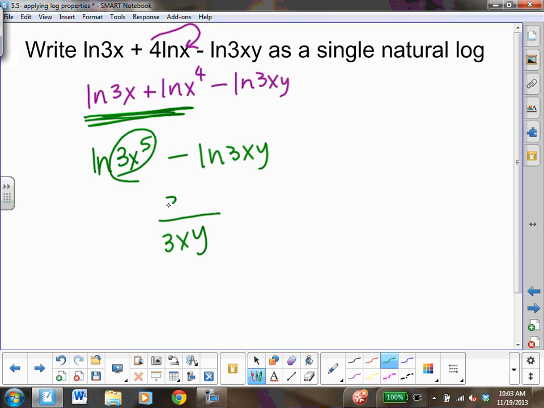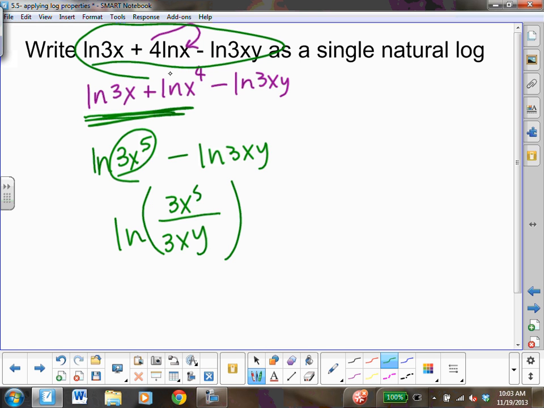And this would be in the numerator. So this would be the condensed version of the expanded form. And I could simplify this further by canceling the 3's and subtracting the exponents to say the ln of x to the 4th over y.